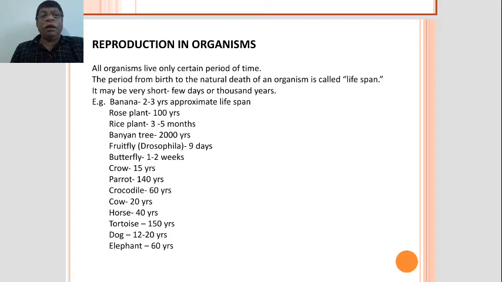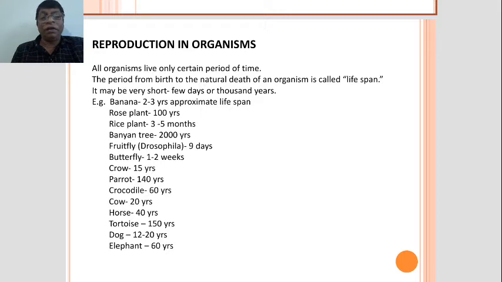The lifespan may be very short. Very short means only a few days, or in some organisms it may be hundreds of years or even thousands of years.